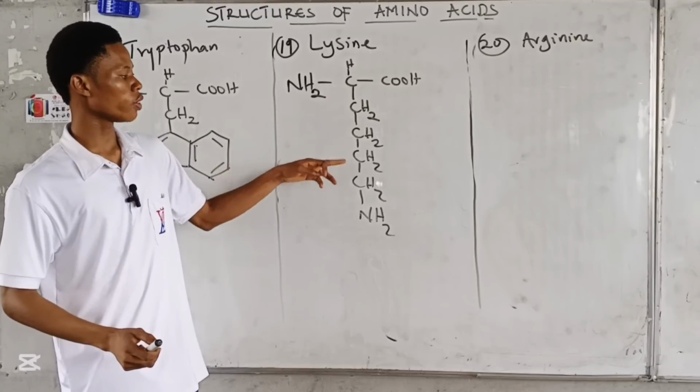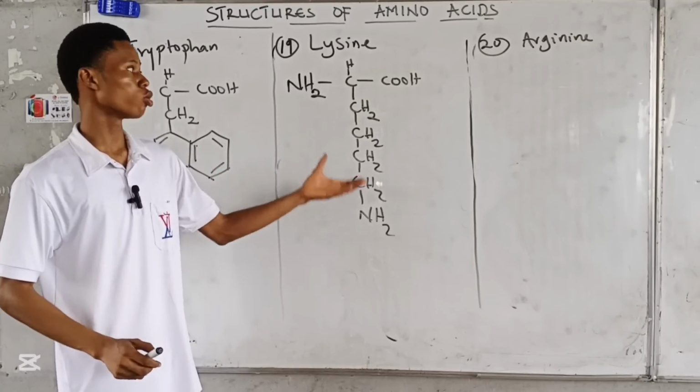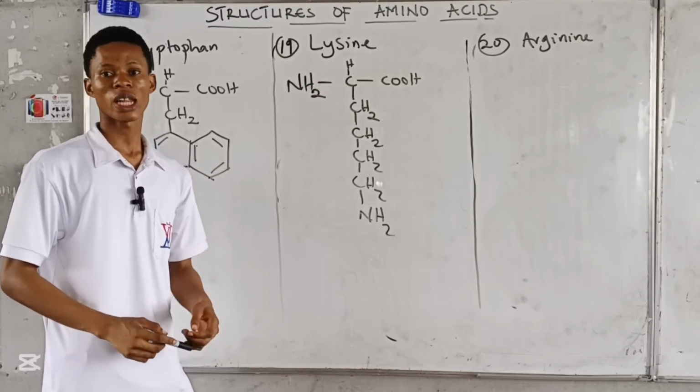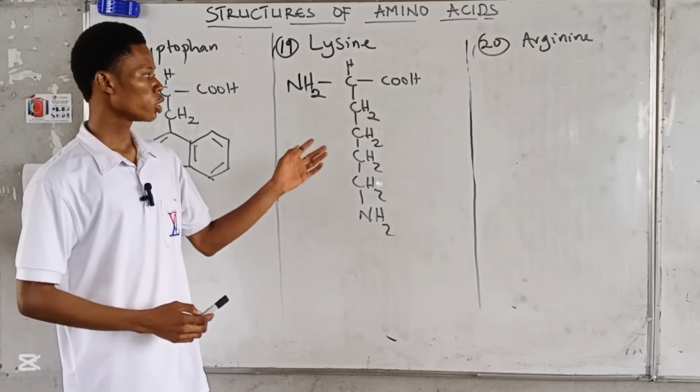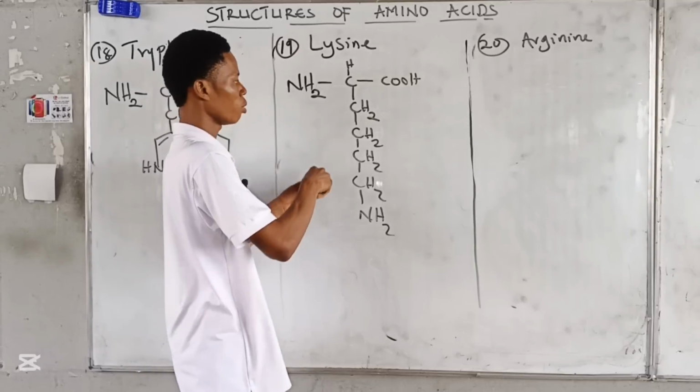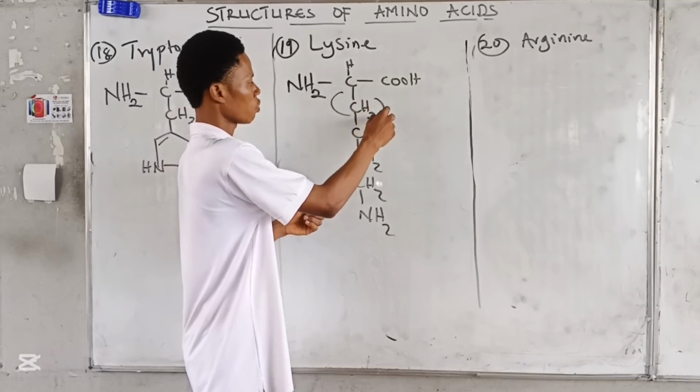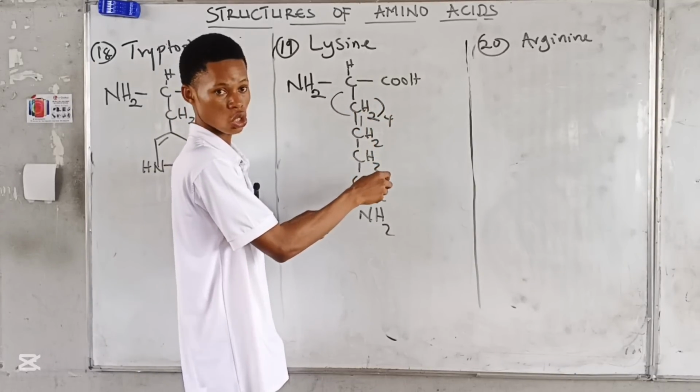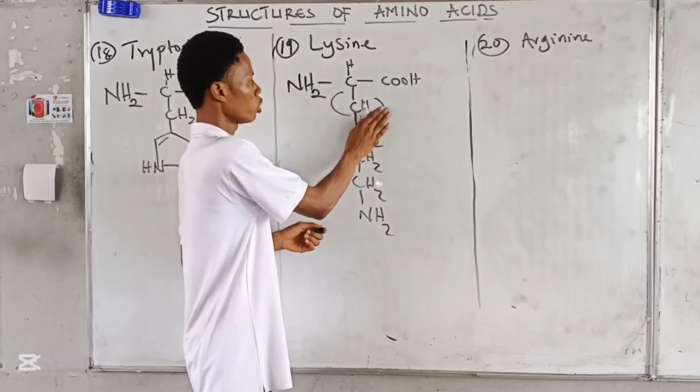So you have 1, 2, 3, 4 methylene group before the amino group. This is the structure of lysine. But you know, this thing is the same thing as writing CH2, then putting in brackets 4, then NH2, right? So any one you do, you are correct.